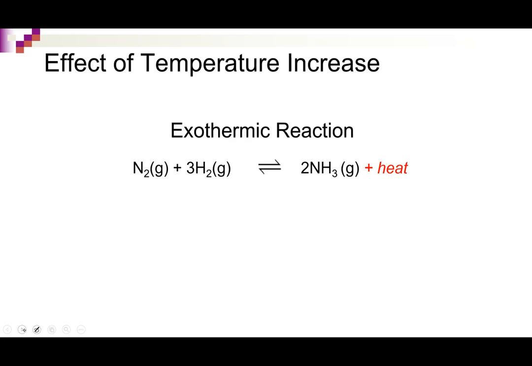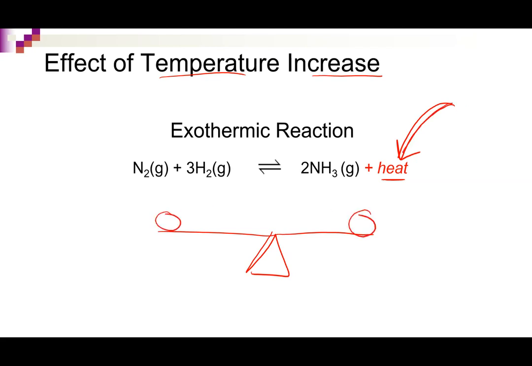So if I increase the temperature, increasing the temperature is going to add heat, so we're essentially adding a product. So we've got our balance.